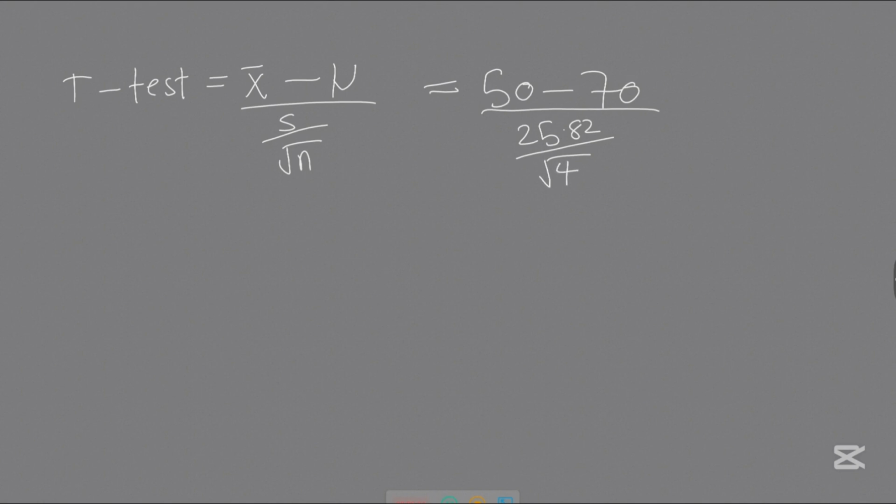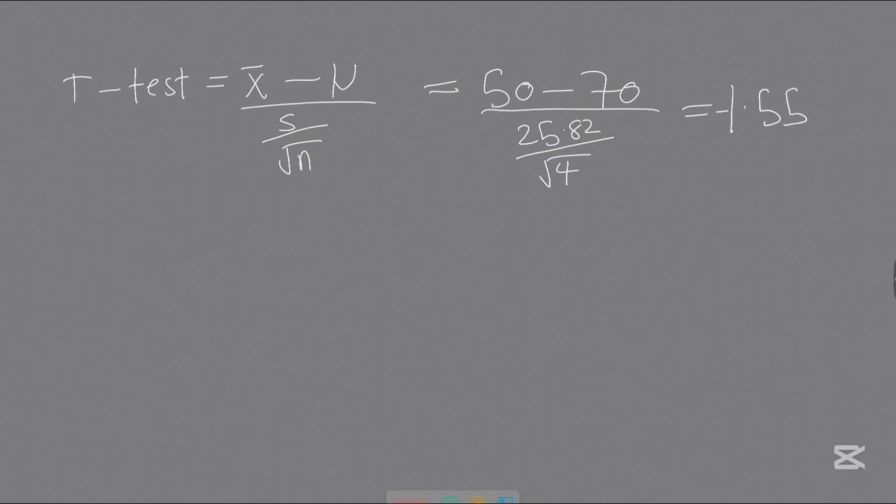So when you do 50 minus 70 divided by 25.82 divided by square root of 4, which is 2, you get minus 1.55.